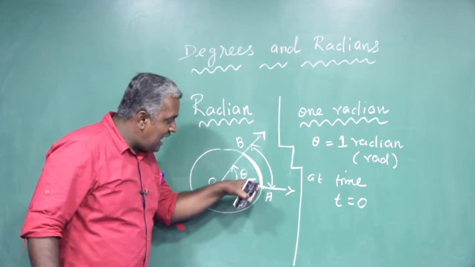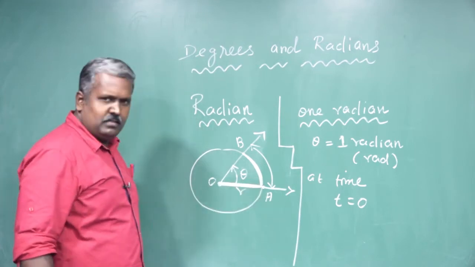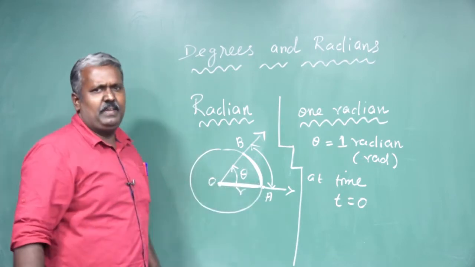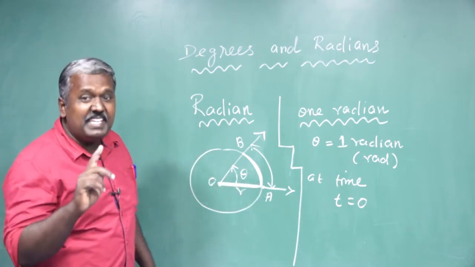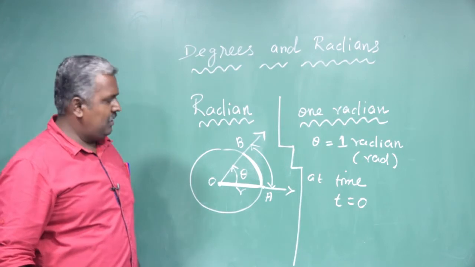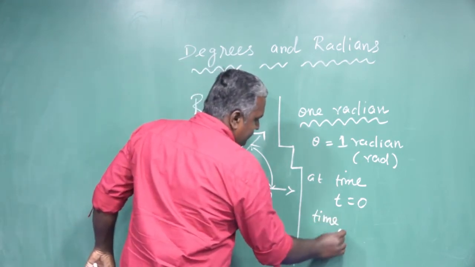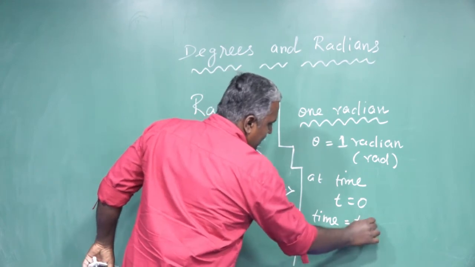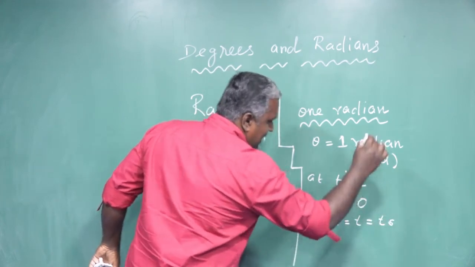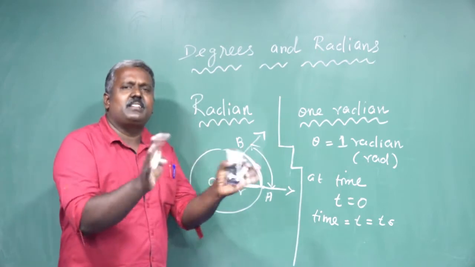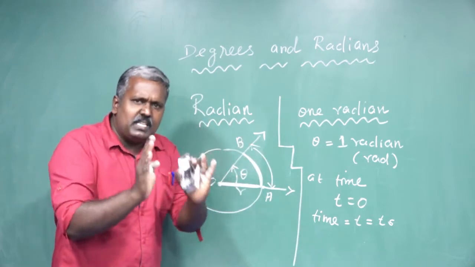What is the angle here at this point? Very good. 0 degree. Then, now time t is equal to t second. What is t second? We don't know. 2 seconds or 3 seconds or 5 seconds.